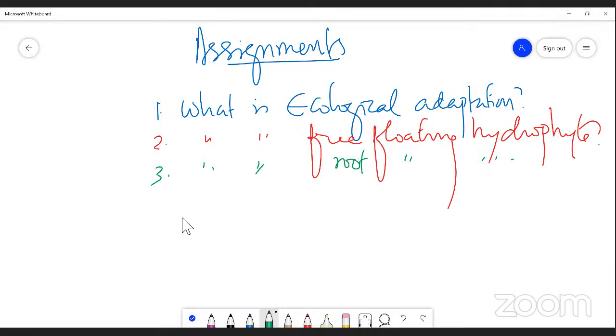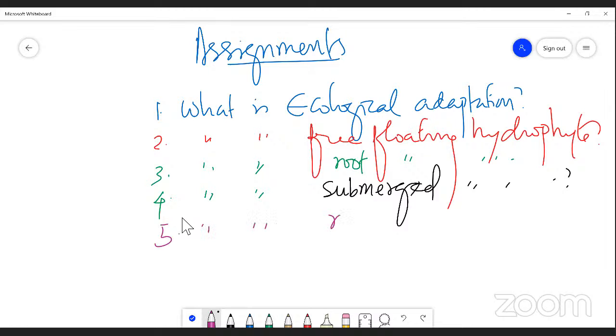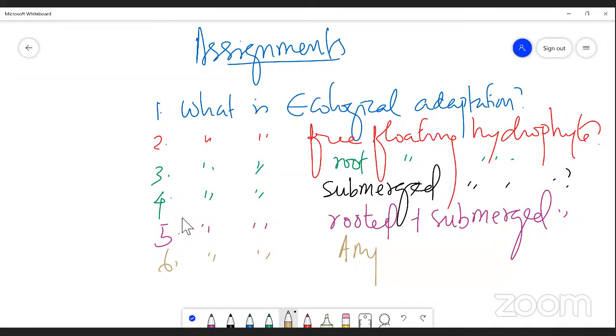And fourth one: what is submerged hydrophytes? And one more: what is rooted plus submerged hydrophytes? And finally, what is amphibious hydrophytes?